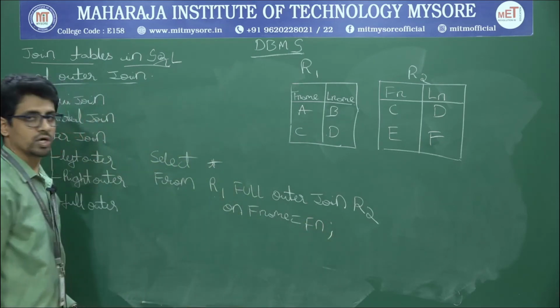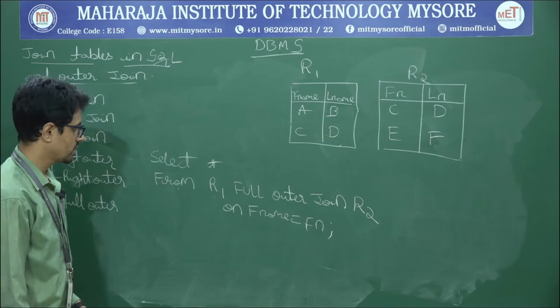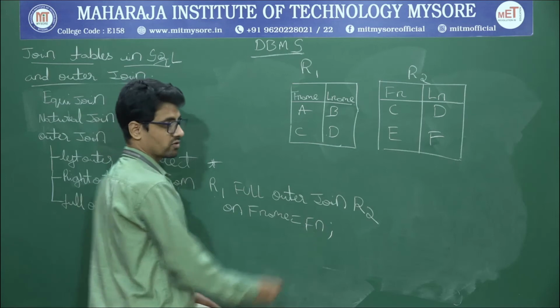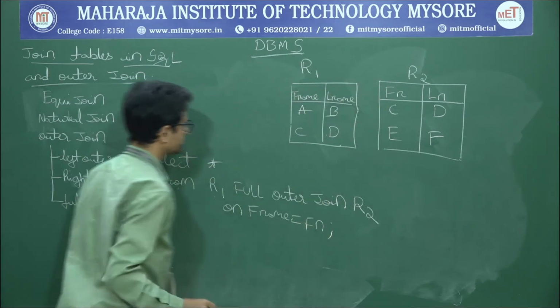So this is the query that has been given. Select star from R1 full outer join R2 on f name equal to fn, this equal to this.